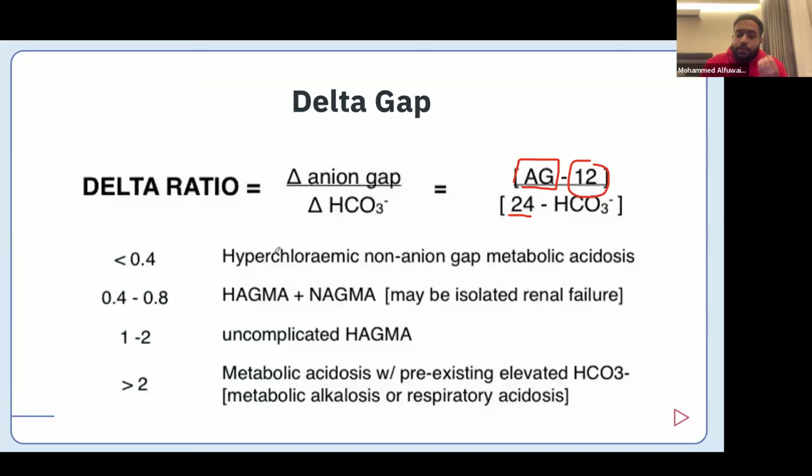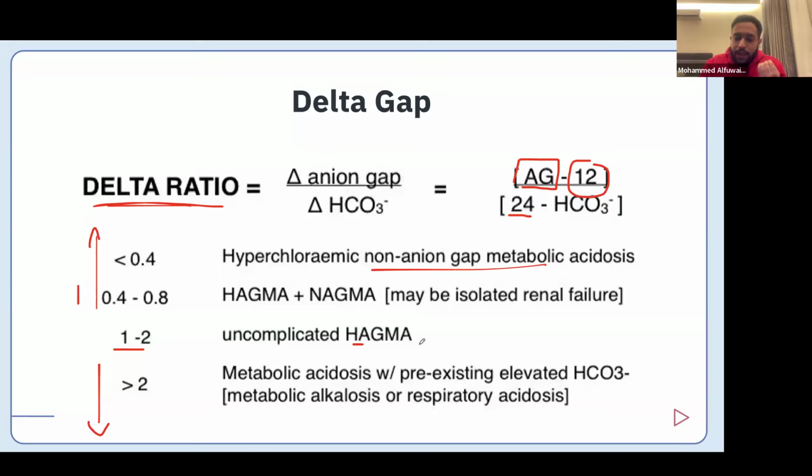To remember this, remember below 1, 1 to 2, and above 2. If the delta ratio is less than 1, this tells you that the patient had non-anion gap metabolic acidosis that then turned into high anion gap. I'll explain a scenario to you.